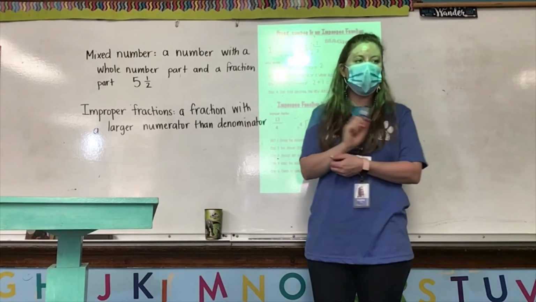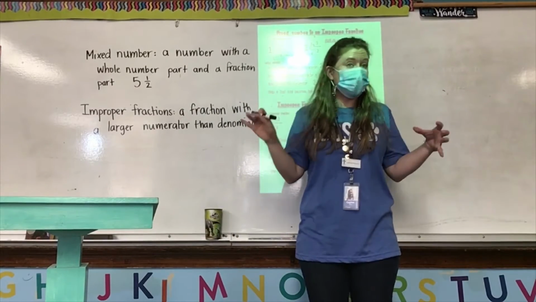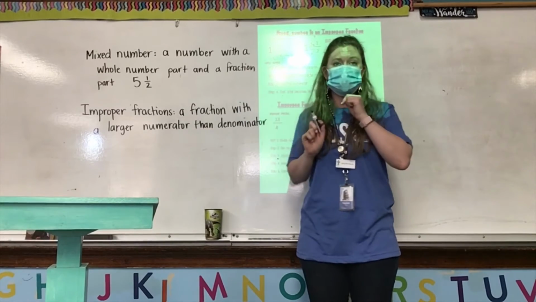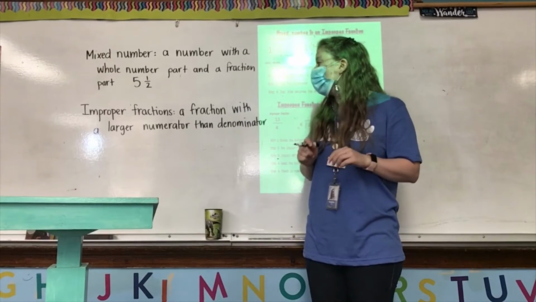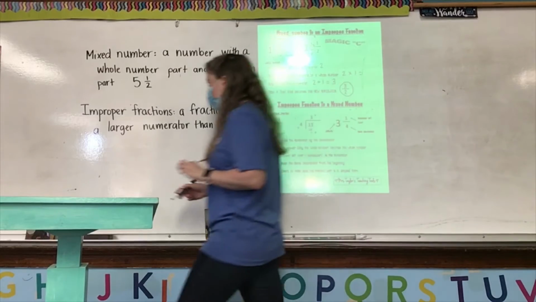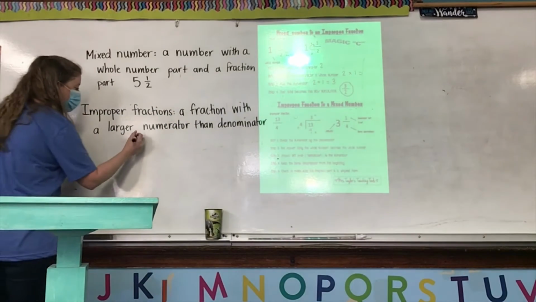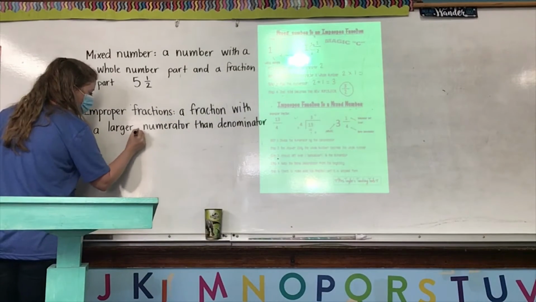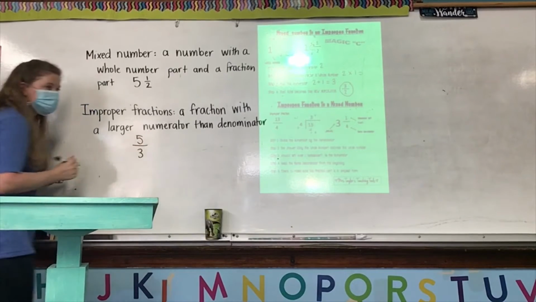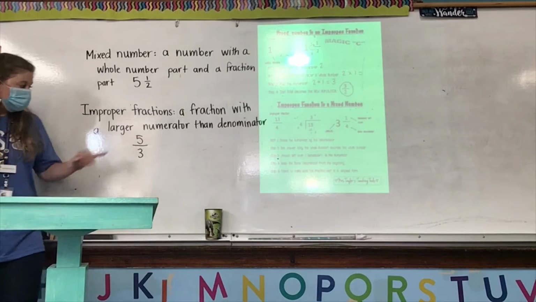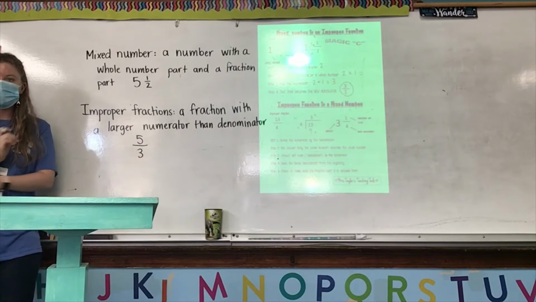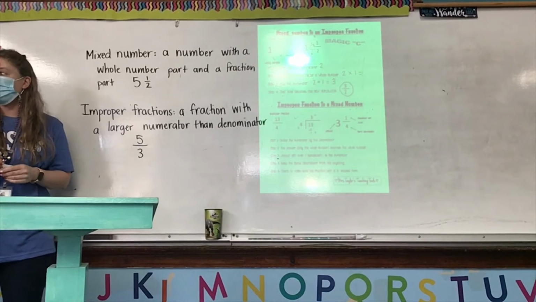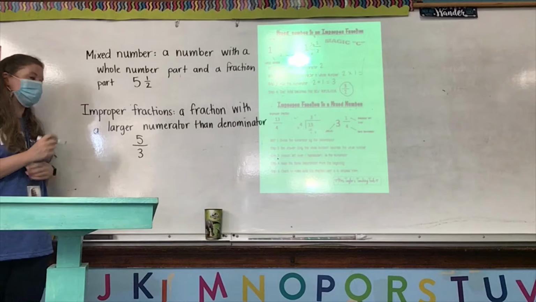So improper fractions are fractions, not mixed numbers, but fractions with a larger numerator than denominator. So an example would be 5/3. Our numerator is larger than our denominator, so 5/3 is an improper fraction.